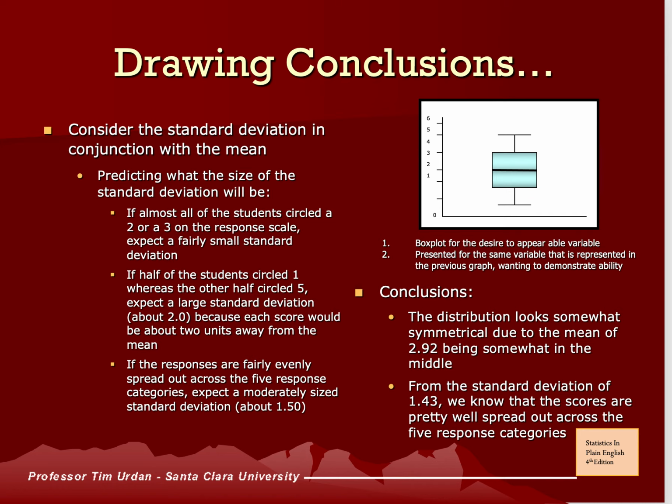If half of them circled 1 and the other half circled 5, I would expect to see a lot of standard deviation there because the scores would be pretty far from the middle, which would be that 3. If they're fairly spread out across the 5 responses, I would expect a moderate standard deviation. So it really depends on how the students circled the individual data points to be able to make a lot of good assumptions.